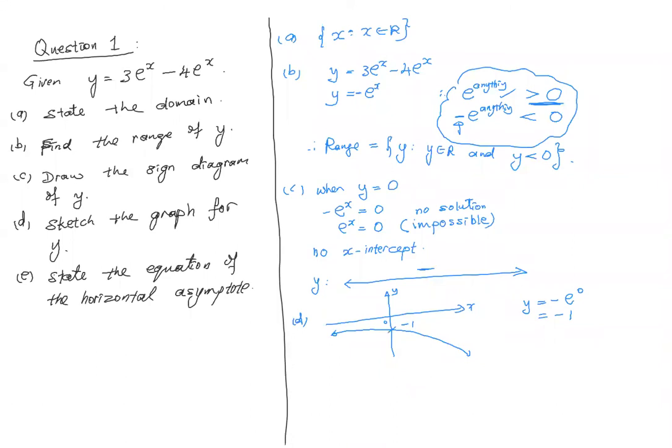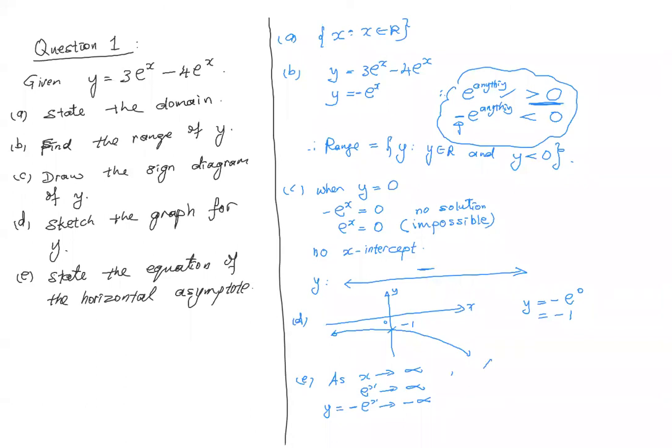Okay, so when you talk about horizontal asymptote, you look at the graph, you know that as x approaches infinity, e to the power x will approach infinity. Am I right? So negative e to the power x will approach negative infinity. That is your y.